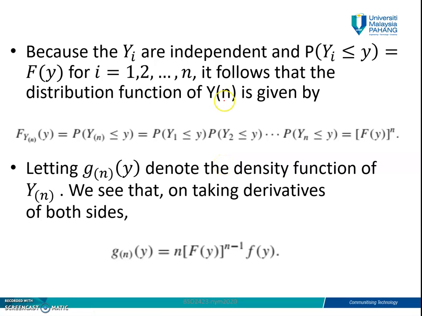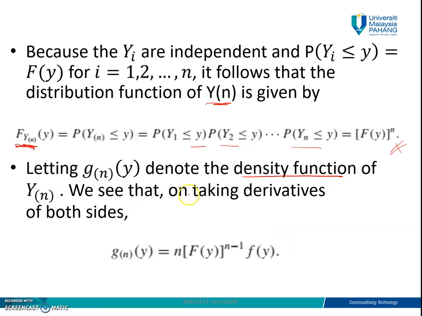This is what we want to find, and because the variables are independent, you can multiply the distribution functions 1, 2 until n. If you multiply, you get Fy power n. This is a theorem you have learned before as well. Then let g(n)(y) denote the density function of y(n).